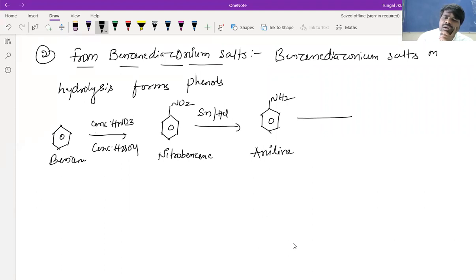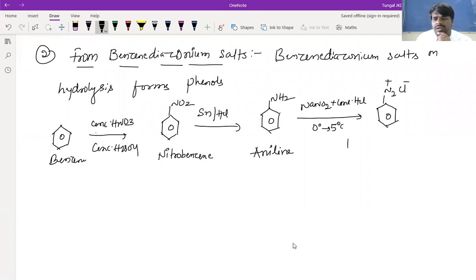This aniline on reaction with sodium nitrite plus concentrated HCl at 0 to 5 degrees Celsius, which we call diazotization, forms a compound N2+ Cl-, which is benzene diazonium chloride, the benzene diazonium salt.